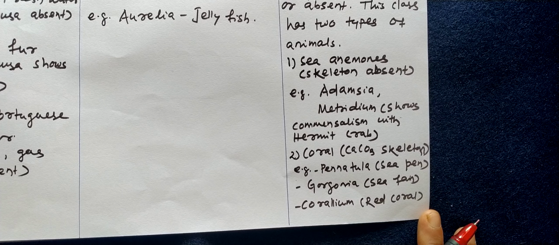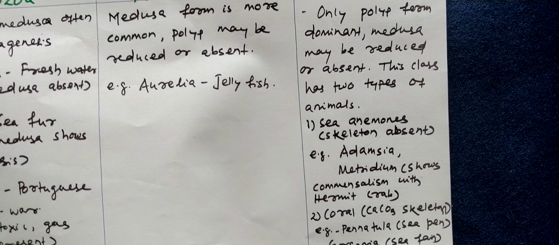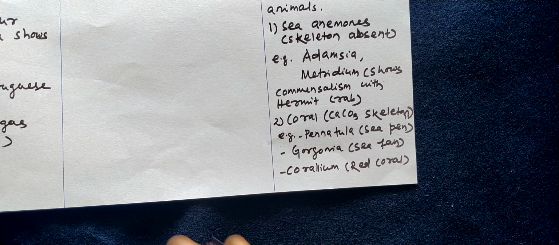Examples of corals are Pennatula or sea pen, Gorgonia, Corallium or red coral. So, in case of Anthozoa, two types of animals are found, those bearing skeleton and those lacking skeleton.